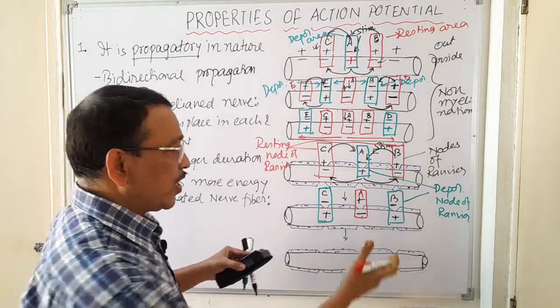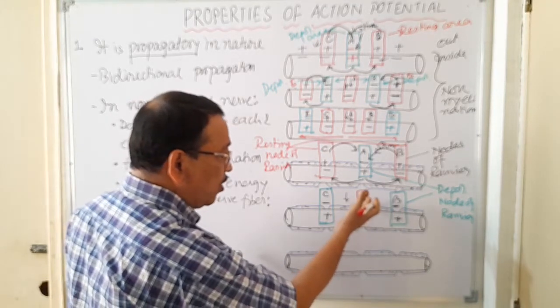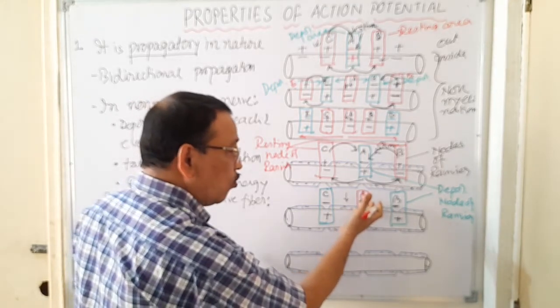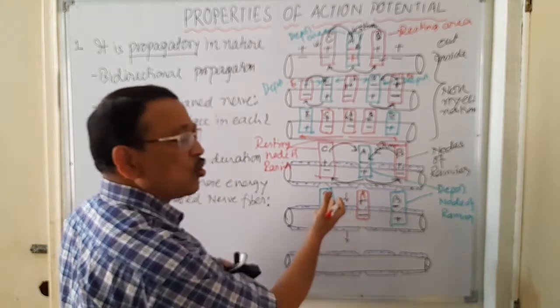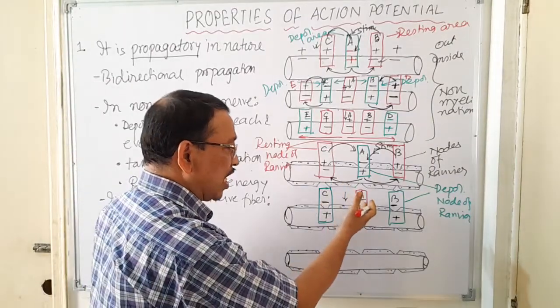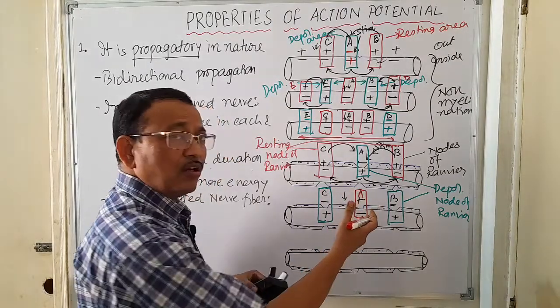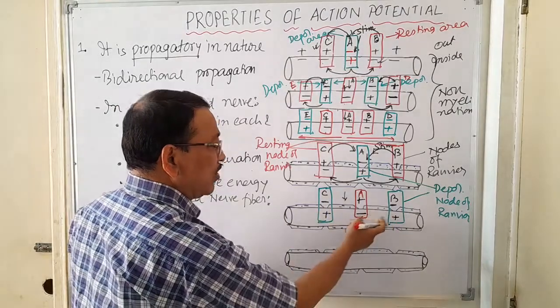And thereby what's happened? We can say the action potential is jumped from one node of Ranvier, that is A, to the adjacent node of Ranvier. So the action potential is propagated or jumps from one node of Ranvier to the other node of Ranvier.